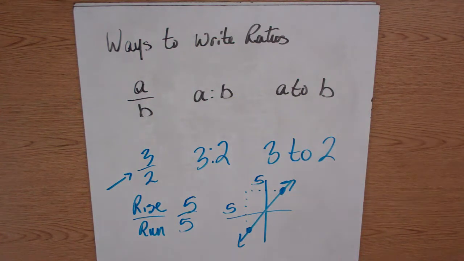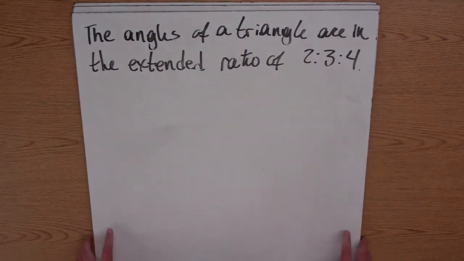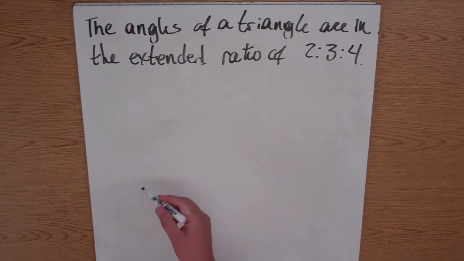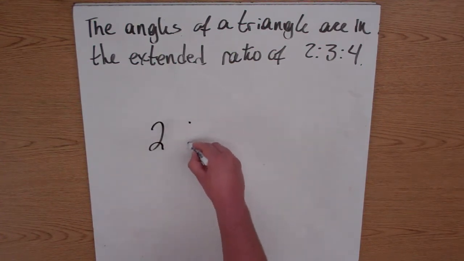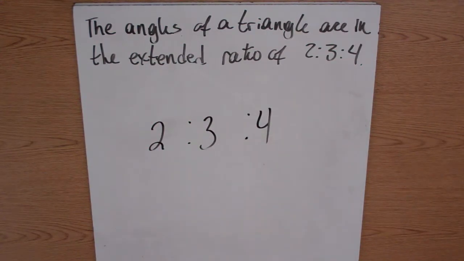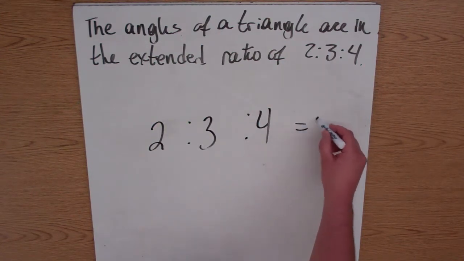Now, another place you're going to see ratios, and don't overcomplicate this question, it says the angles of a triangle are in the extended ratio of 2 to 3 to 4. Now, let's not make this any more complicated than we need to. So we have our ratio 2 to 3 to 4. Now, we know all the angles in a triangle have to add up to 180.